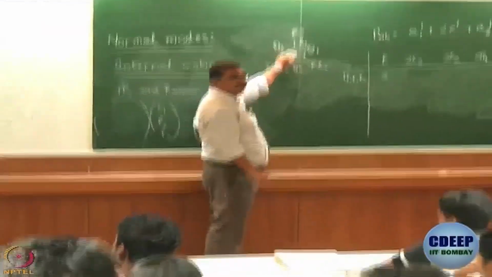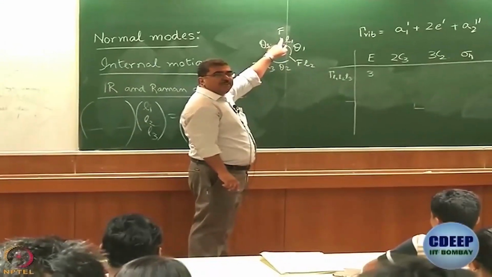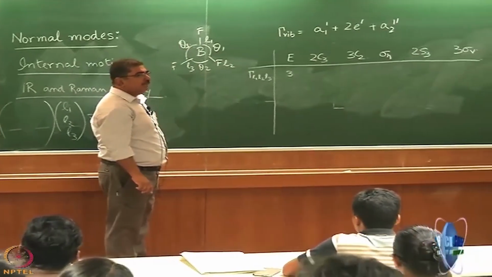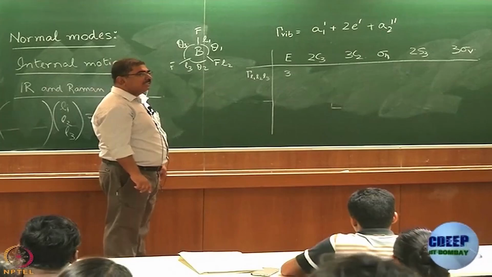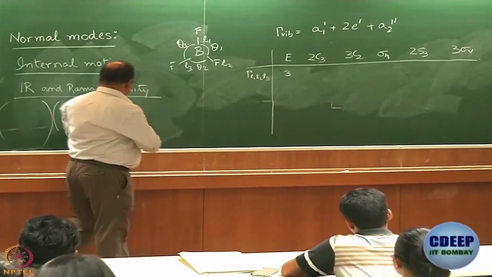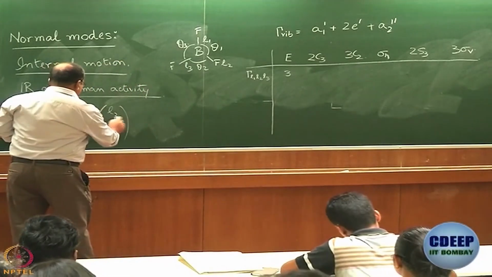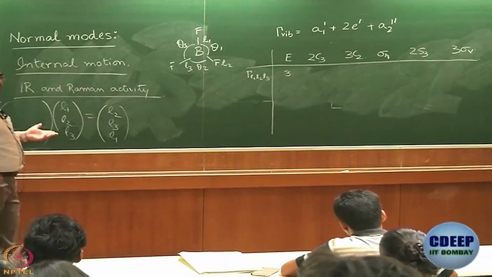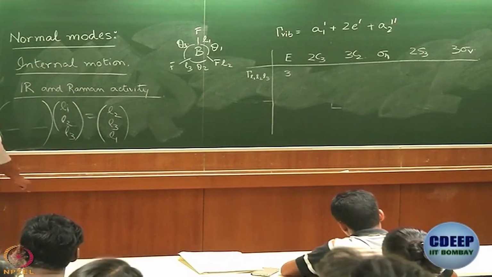This is C3. Where does L1 go? What does L1 become if I apply C3? L2. What does L2 become? L3. What does L3 become? L1. L1 becomes L2, L2 becomes L3, L3 becomes L1. Simple. What will the matrix be in that case?